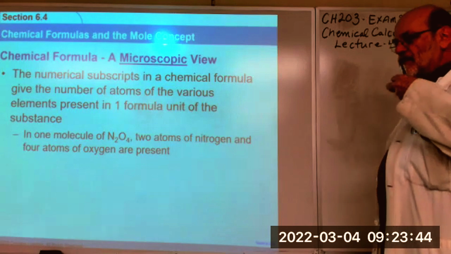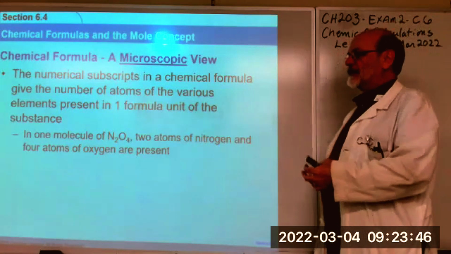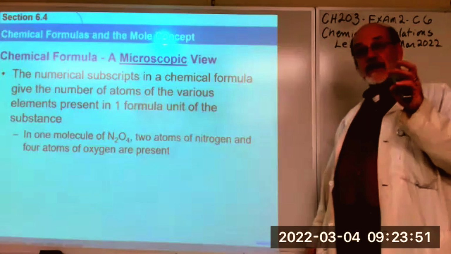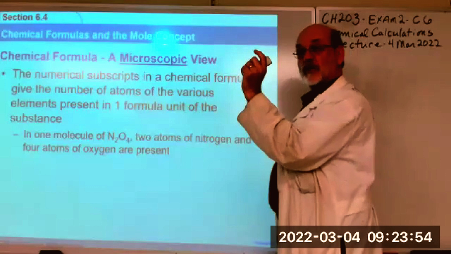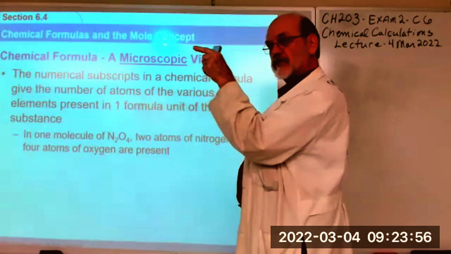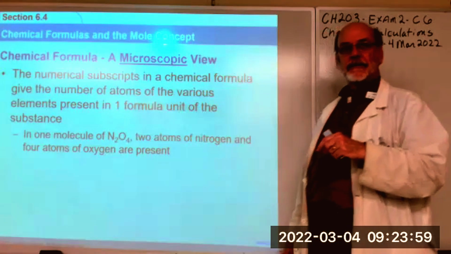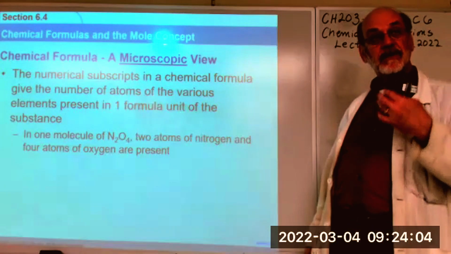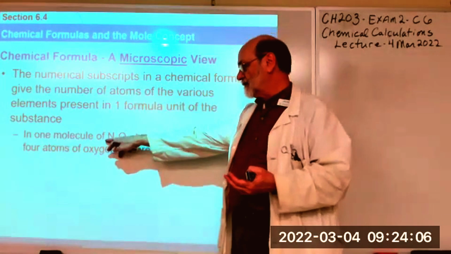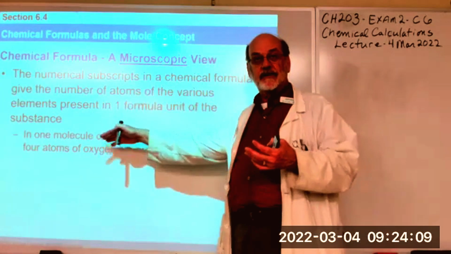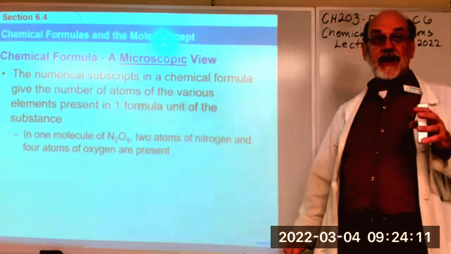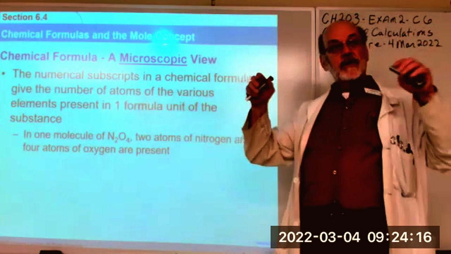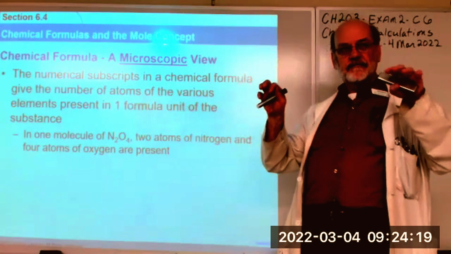When we present a chemical formula, we can interpret it in 2 different ways. One is we can say that's what 1 molecule looks like. It's got this many atoms of each element in it. Now, that's a valid statement for molecular compounds like N2O4, where they're covalently bound. It's kind of a stretch to go to ionic compounds because we know ionic compounds are a network of positives and negatives.